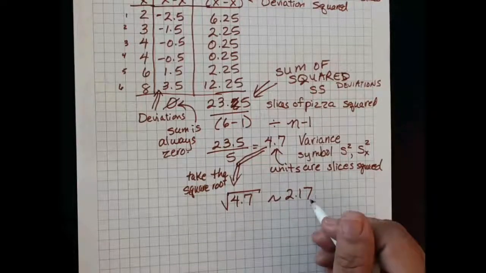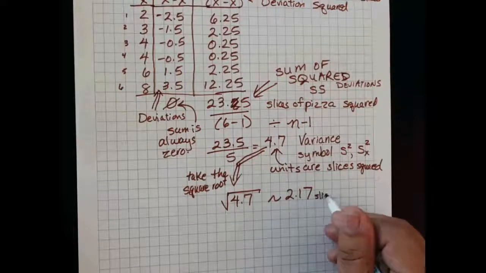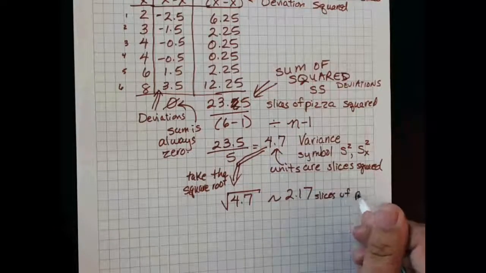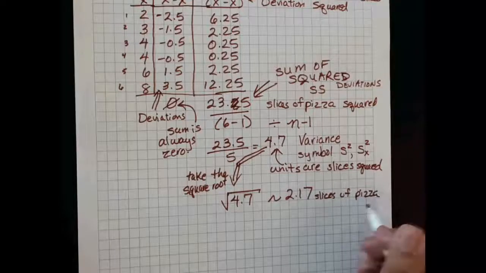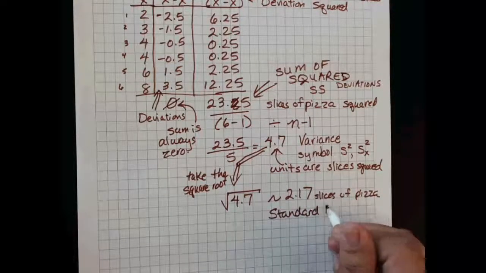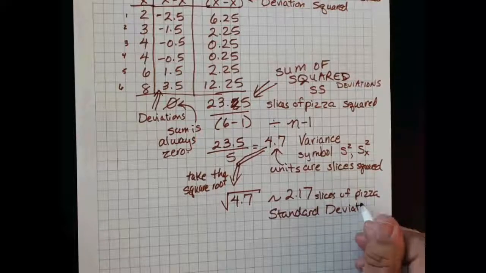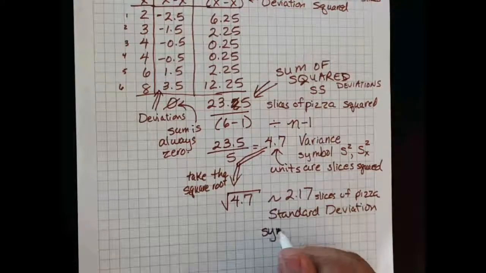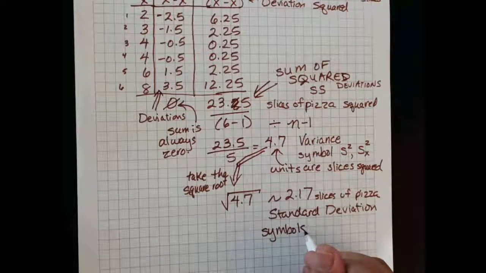This number is in slices of pizza, because we took the square root. And the name of this is called the standard deviation. And the symbols are either S or S of X.